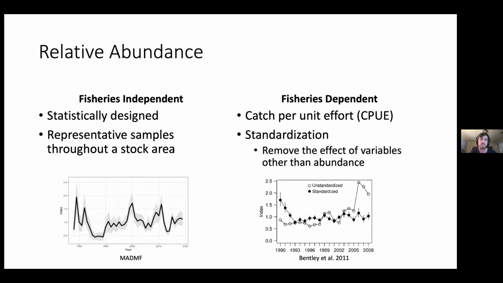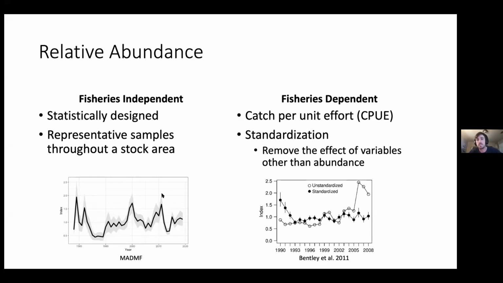The fisheries independent example would be the Trawl survey that we're going to talk about today in depth. And these are really great because they're designed to monitor abundance over time. Ideally they're going to have representative samples throughout a stock's area or range. You can see the example here, for winter flounder, in this plot down here in the bottom left from the Trawl survey.